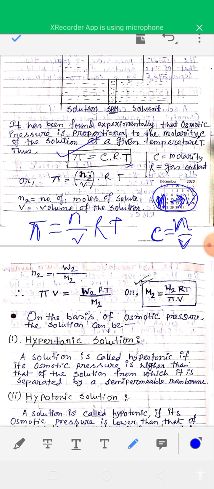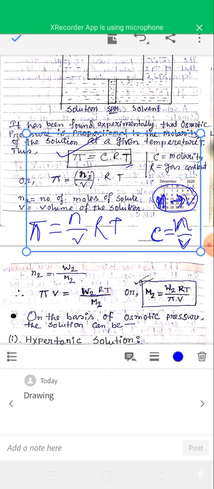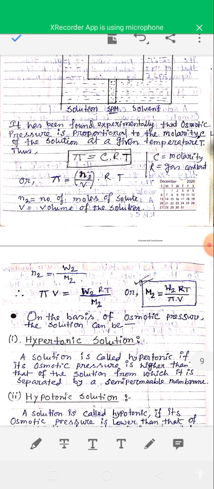So you can write pi is equal to N by V RT, where N is the number of moles of solute. After rearranging, you can write pi V. Now put the value of mole number of solute. Here the mole number of solute is taken as N2.